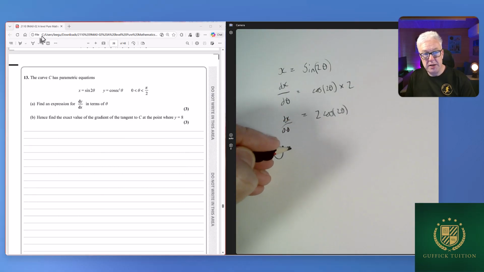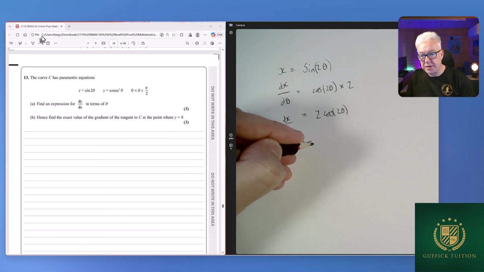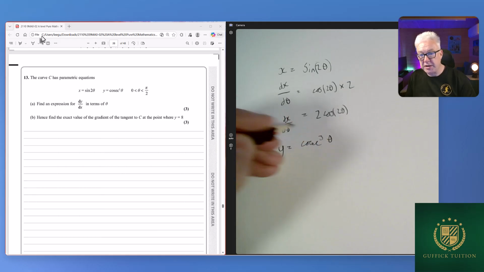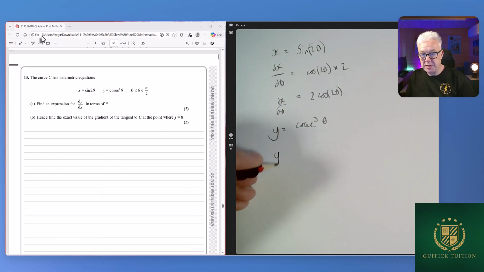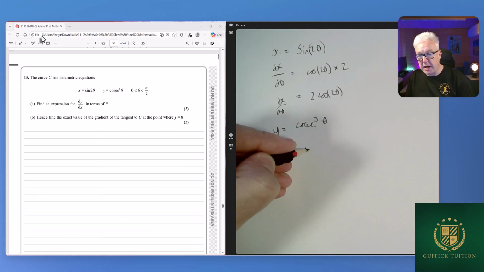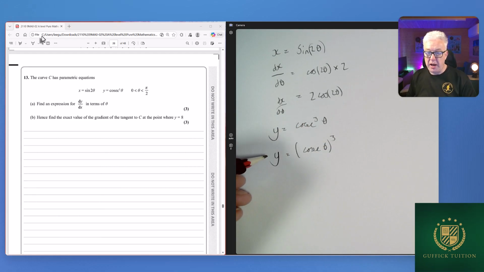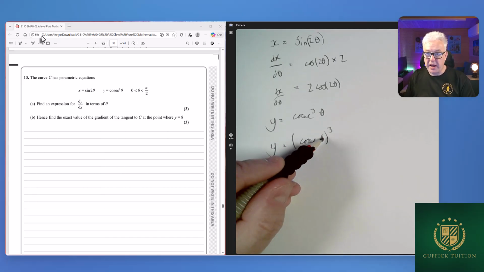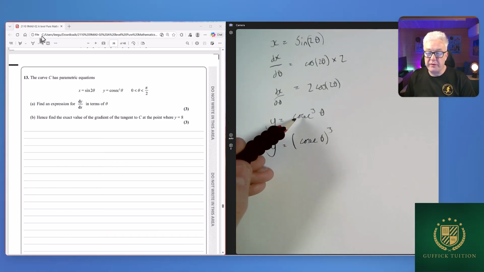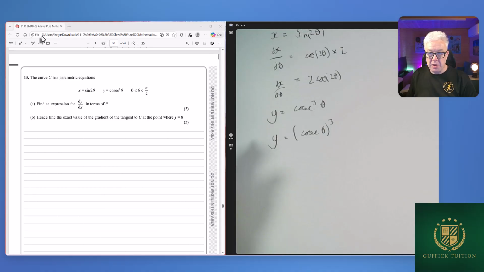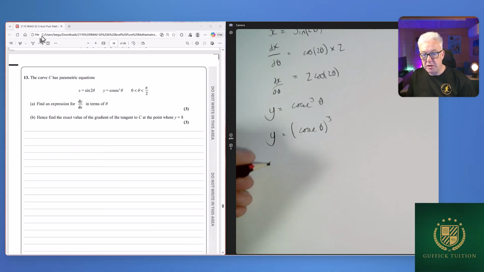So y is equal to cosec cubed theta. Now, the first thing to note is that this means the same thing as cosec theta all cubed. I think it's often helpful to think about it as cosec x cubed rather than thinking of it as cosec cubed theta. So again, we're going to differentiate this using the chain rule.